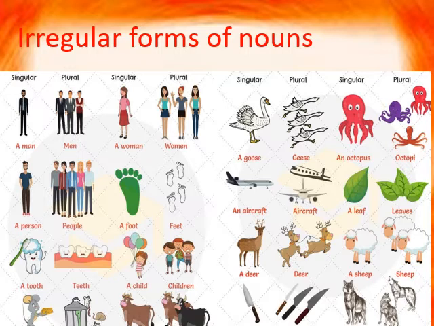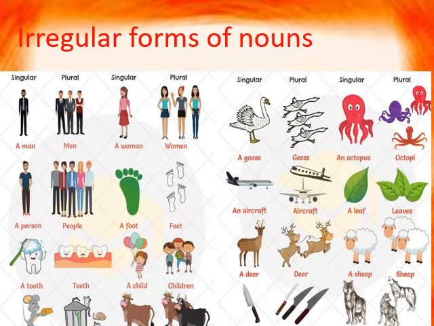Here, knife. K-N-I-F-E, knife. Here in the plural form, more than one knife are there, so it is called knives. K-N-I-V-E-S. So here also you can see F is removed and V-E-S is added.